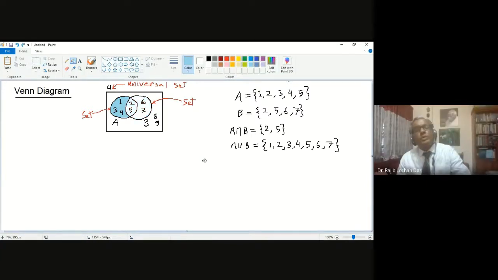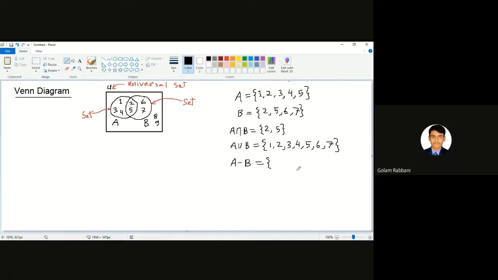Good. So let me go back again and then I will do another one. So tell me what are the numbers in A minus B? From the Venn diagram, try to understand what are the numbers in A minus B. Sir, 1, 3, 4.